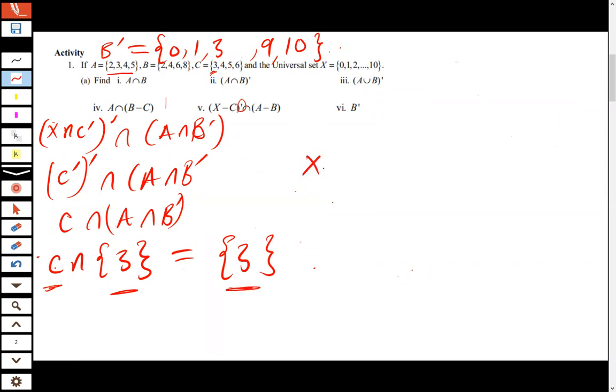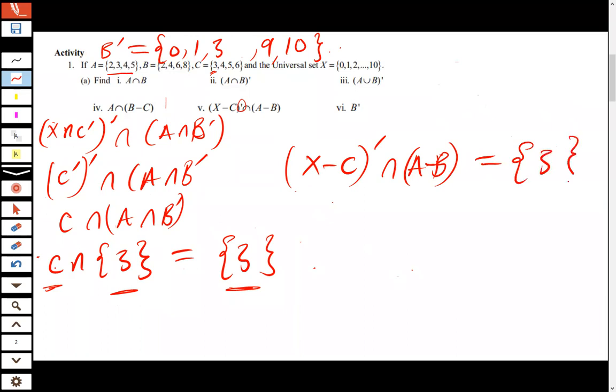And hence X minus C complement intersection A minus B, the answer is just 3. Yeah, so for the last part, which is just B complement, is just exactly what we found here.